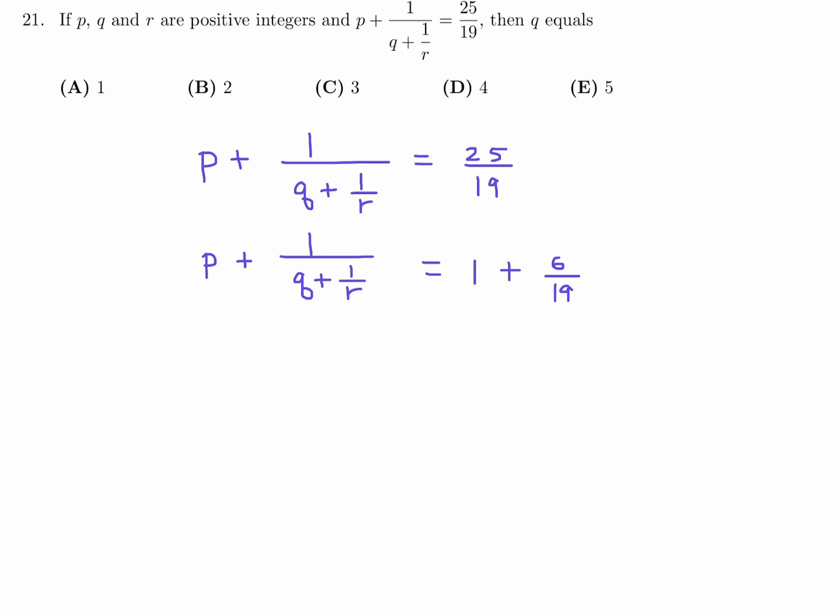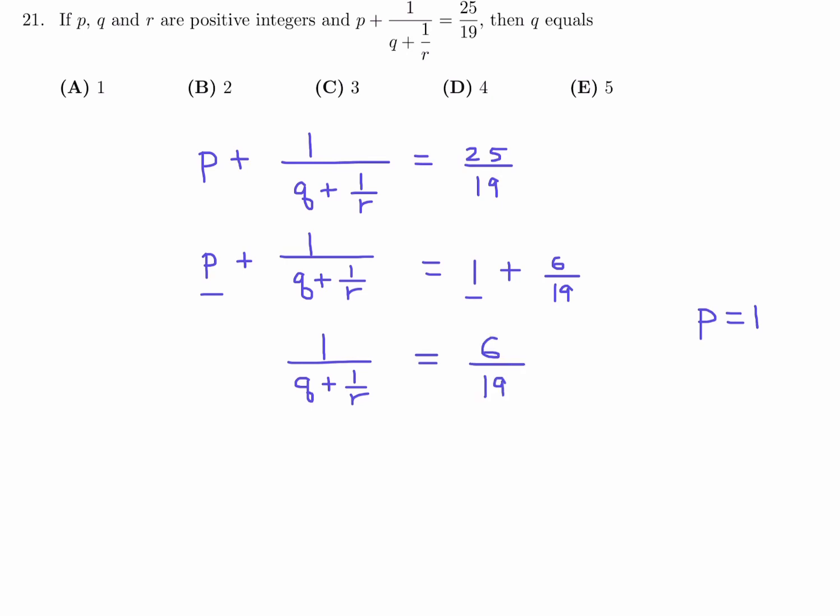But I like the fact that p being set to 1 lets me eliminate that. The 1 can disappear from both sides, so I'm going to keep that. That leaves me with 1 over q plus 1 over r is 6 over 19.